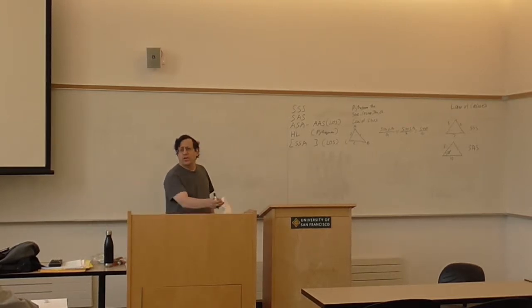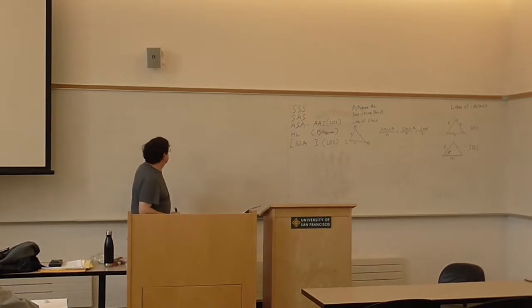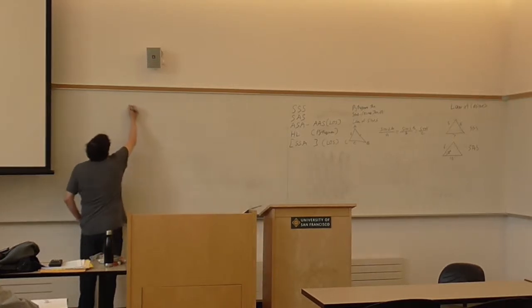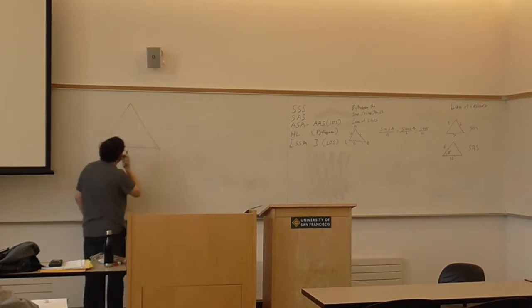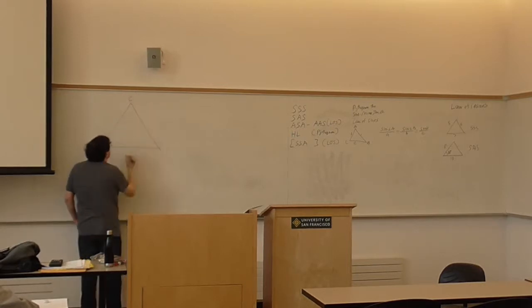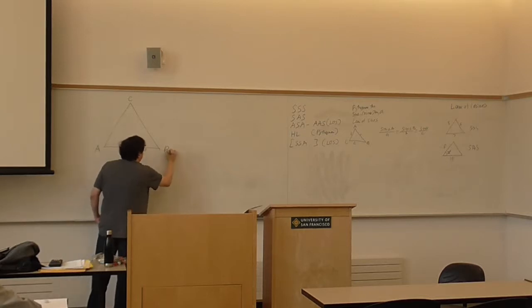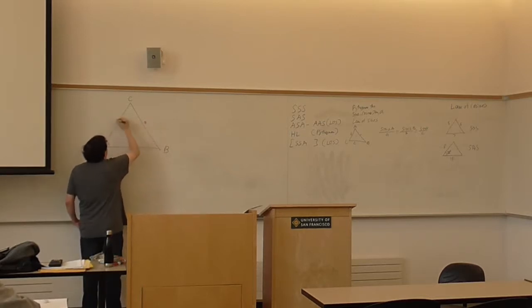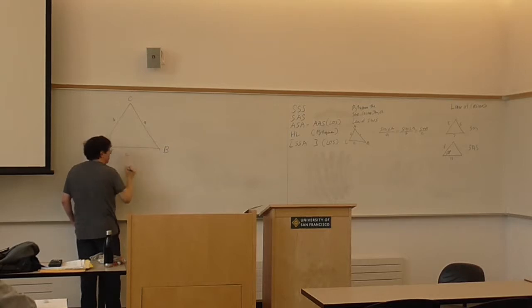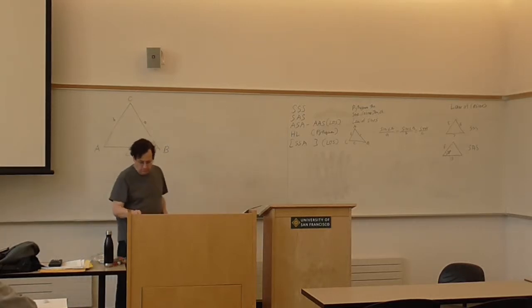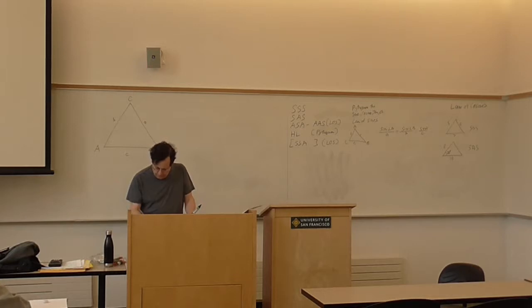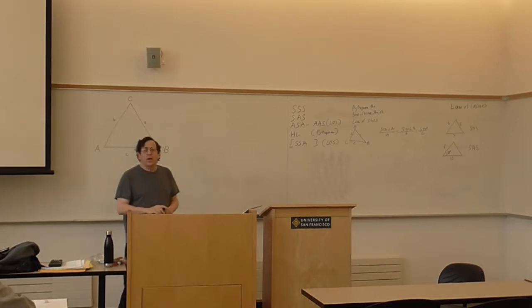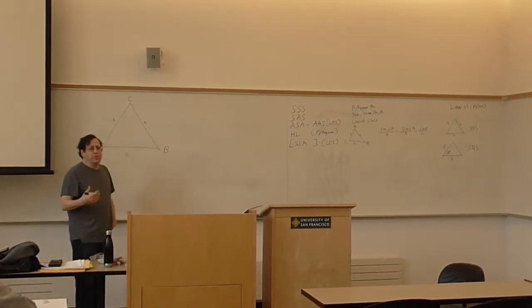Let's take a look at how we derive this. We start with just a general triangle. Again, I'm going to label the angles in the usual way and the sides. And I'm going to do something we often do.